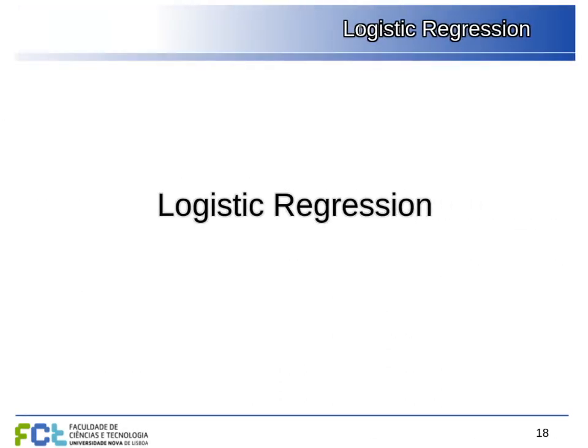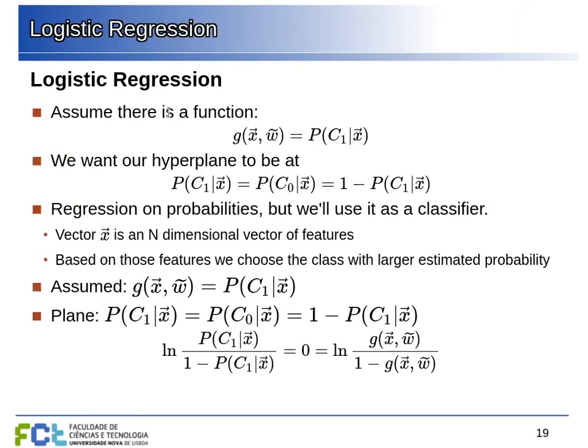Okay, so let's look at logistic regression and see how we can create a classifier, even though in its inner workings, it's still a regression. So let's assume there is a function g, that takes as input the features that we have, this x vector, and that has some parameters we can adjust.